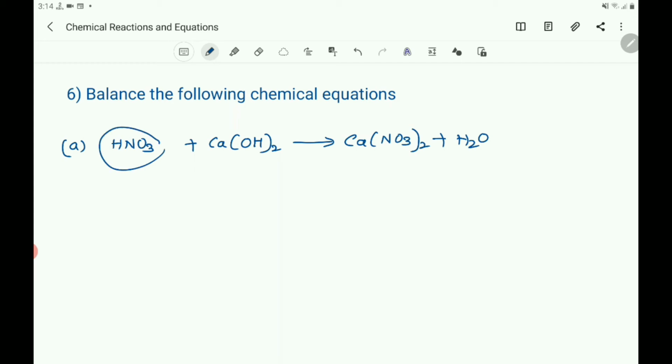Here HNO3 is nitric acid. It reacts with calcium hydroxide to give calcium nitrate and water.